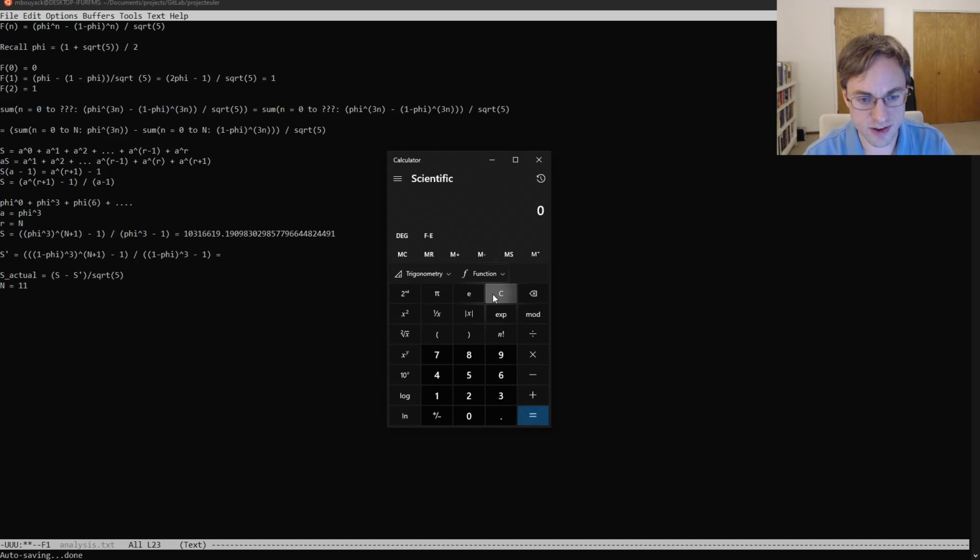Okay, so for s prime, we're going to have, call it phi prime. So we're going to have phi prime cubed, and then we're going to take that to the 12th, minus 1. And then we have that divided by phi prime cubed minus 1.